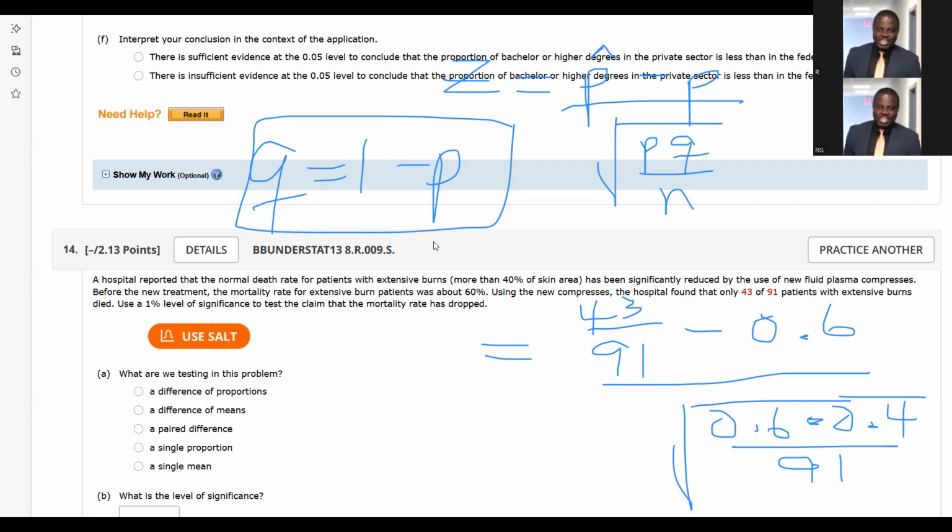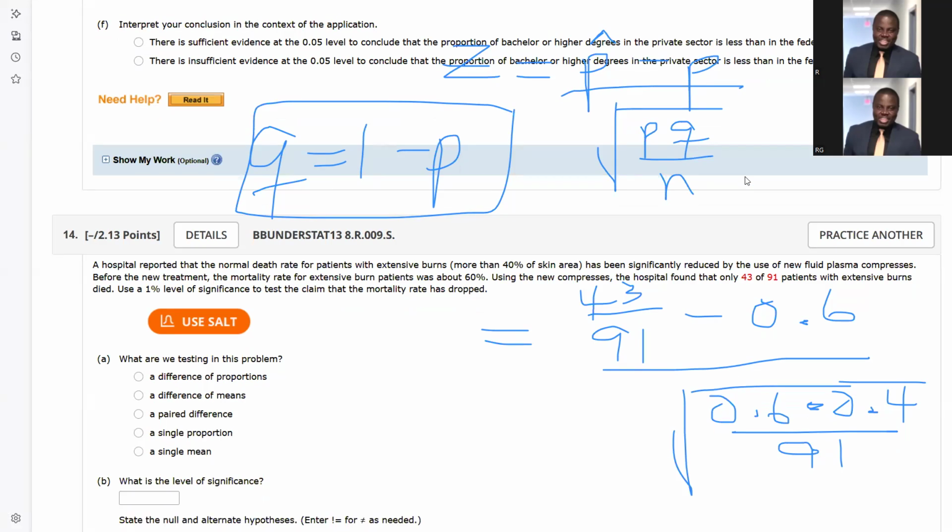My calculator doesn't want to come up, so let me try it again this way. You should be able to use the calculator to get your answers. All right, there we go.